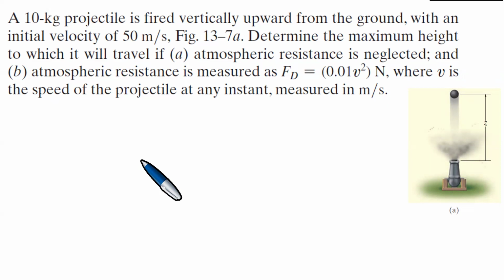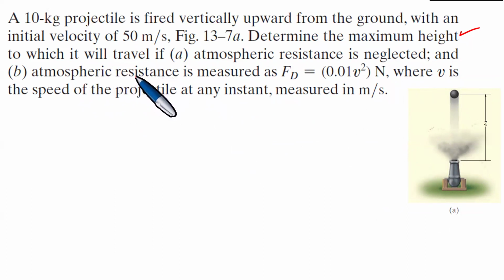So let us look at these very carefully. Now at this point we determine the maximum height to which it will travel. If we have this 10-kilogram projectile fired vertically upwards from the ground with an initial velocity of 50 meters per second, we need to determine the maximum height to which it will travel.